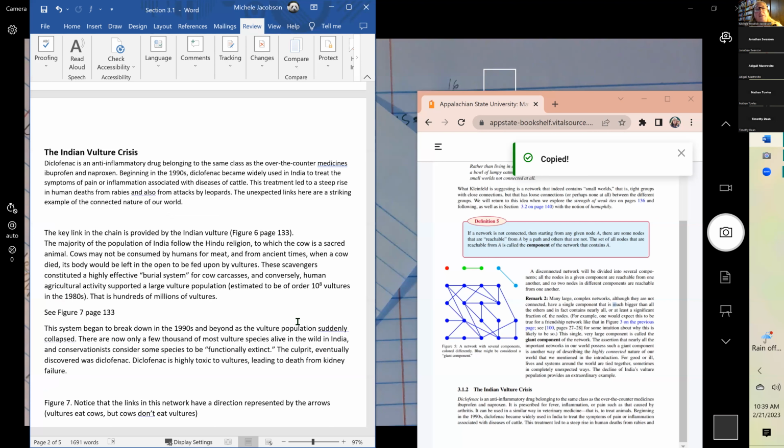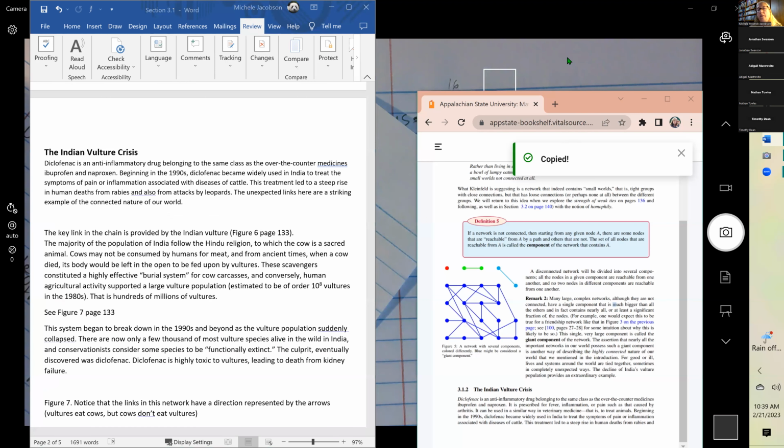This treatment led to a steep rise in human deaths with rabies and also from attacks of leopards. And it took a while before they found the connection or the links. The unexpected links here are a striking example of the connected nature of our world. The key link in the chain is provided by the Indian vulture.